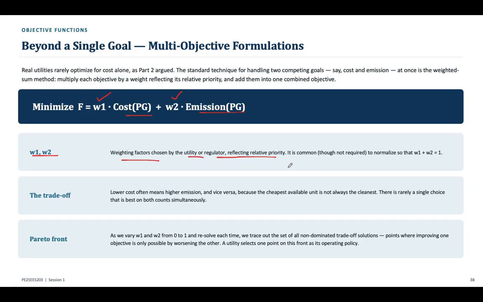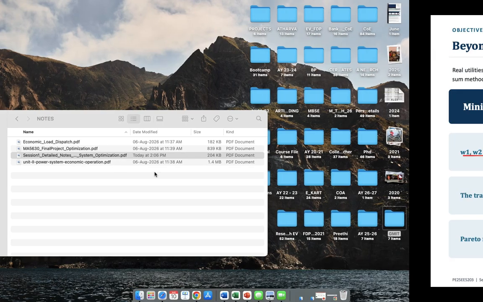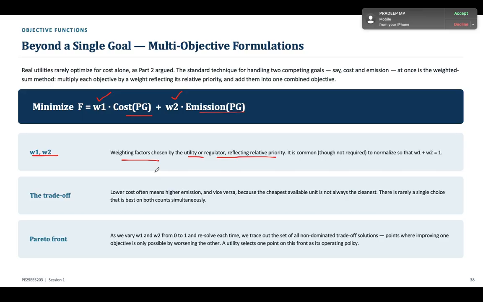It is common, though not required, to normalize, so that W1 plus W2 is equal to 1. So what is the trade-off in this entire concept? Lower cost often means higher emissions, and vice versa, because the cheapest available unit is not always the cleanest one. This is rarely a single choice; it is based on both counts simultaneously.